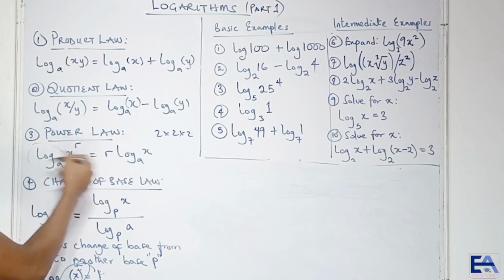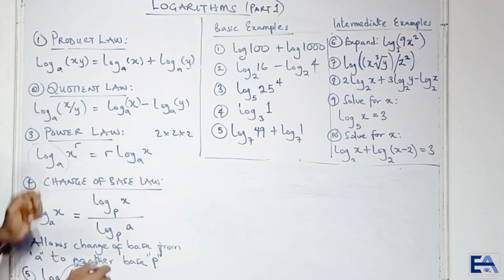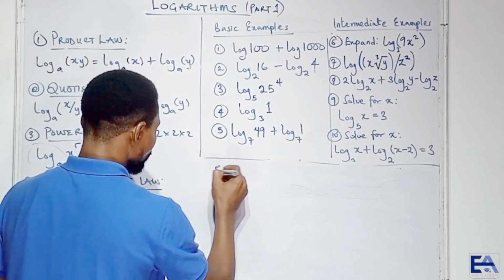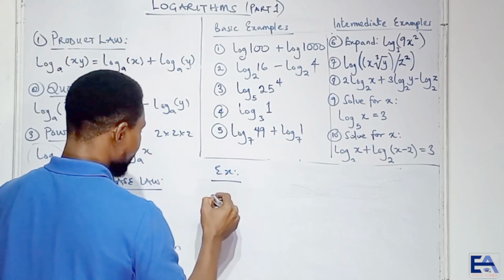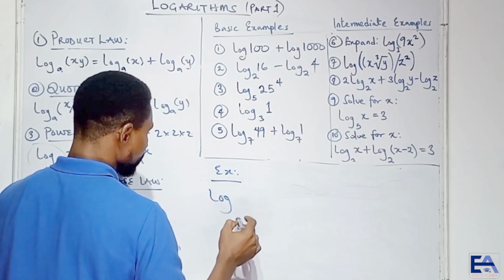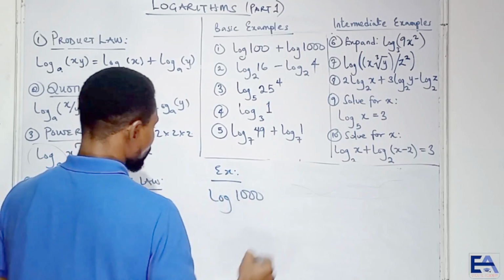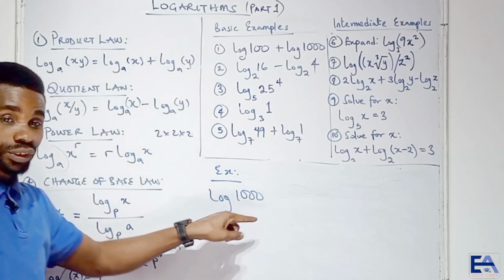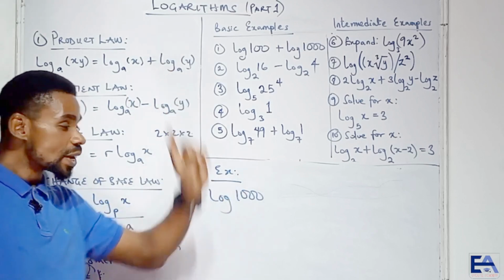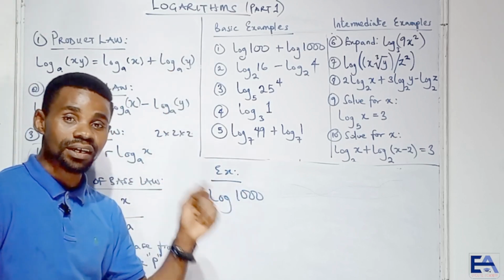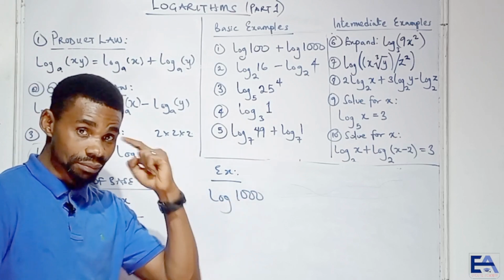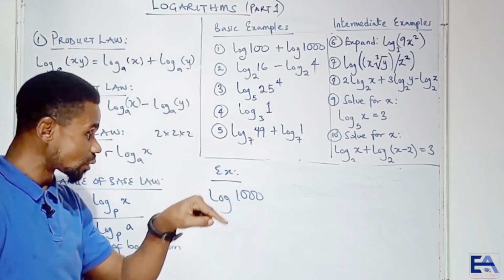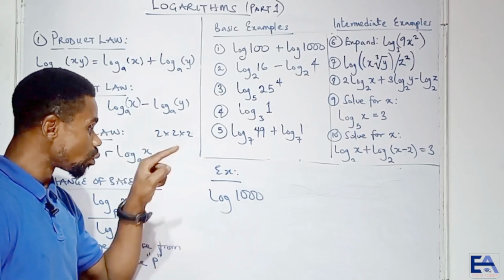That is, the power is going to multiply the logarithm, which simply means if, for example, the question says find the logarithm of 1000. We know the result of log 1000 earlier. The result of log 1000 earlier was 3. Remember, from the first example to the second example, the result of log 1000 is 3.